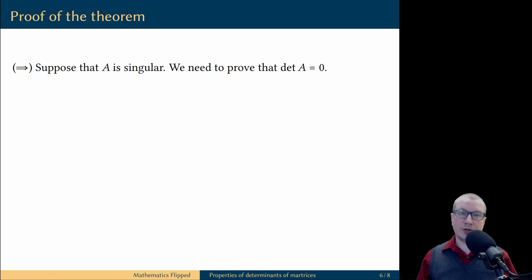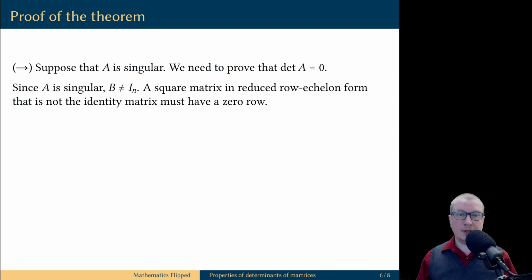Now we are ready to prove the two implications in the theorem. First, we are going to assume that the matrix A is singular, and we would like to prove that its determinant must be equal to 0. If the matrix A is singular, then its reduced row echelon form is not the identity matrix. But B is a square matrix which is in reduced row echelon form, yet it is not the identity matrix.